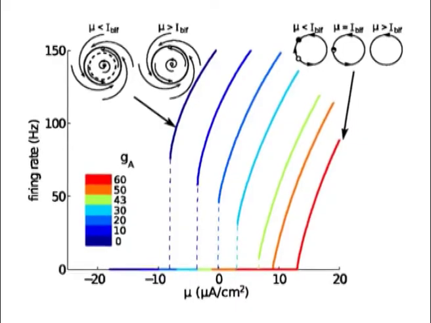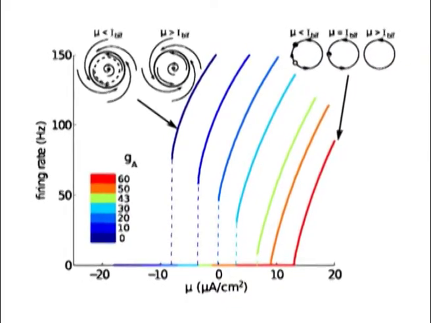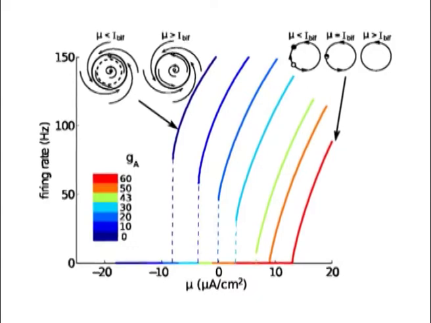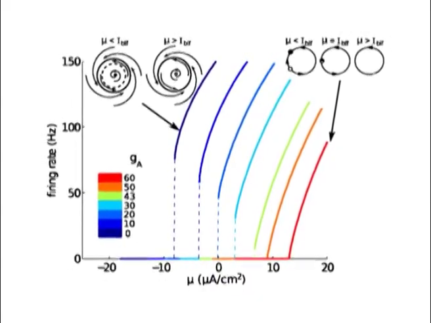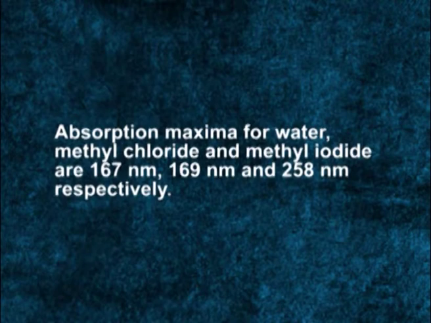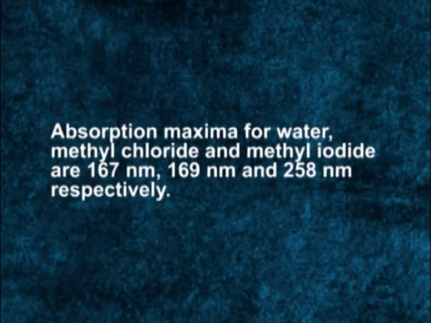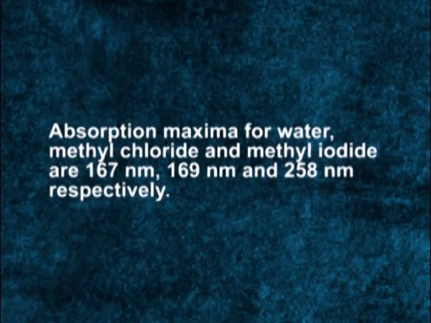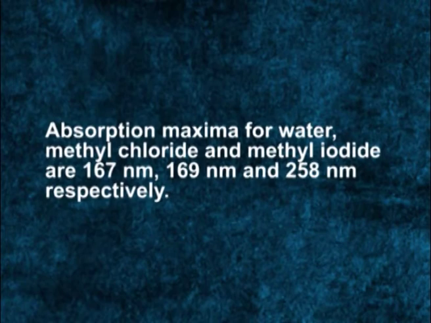Energy required for these transitions is usually less than sigma to sigma star transitions. Such compounds absorb light having wavelength in the range 150 to 250 nanometer. For example, absorption maxima for water, methyl chloride and methyl iodide are 167 nanometer, 169 nanometer and 258 nanometer respectively.